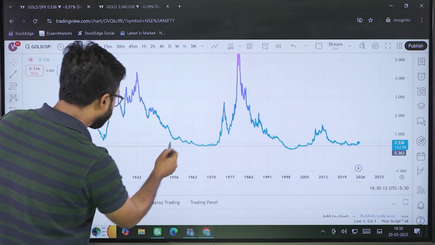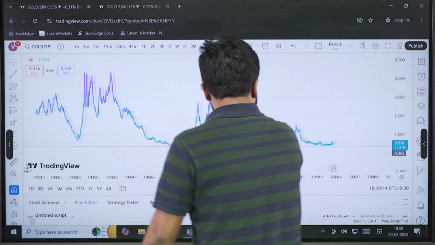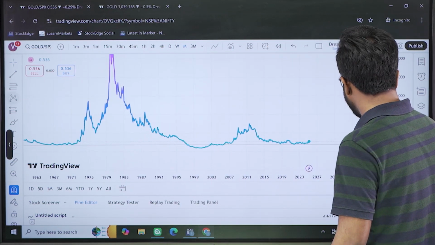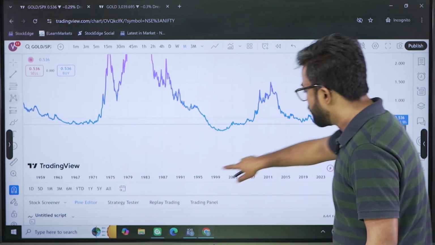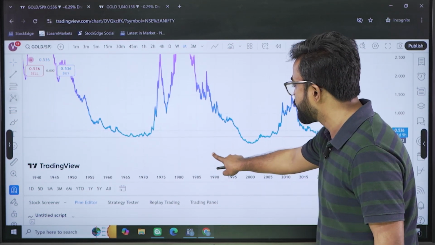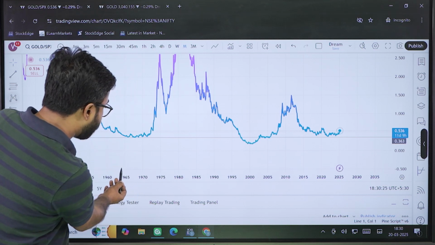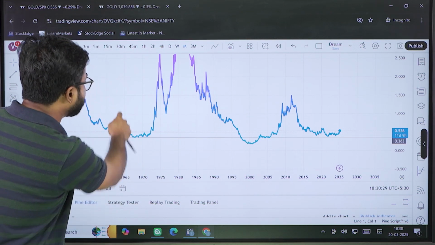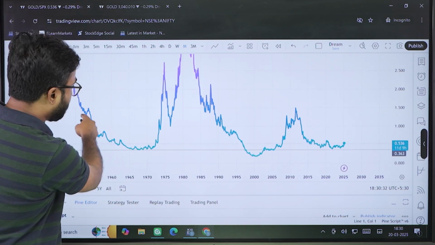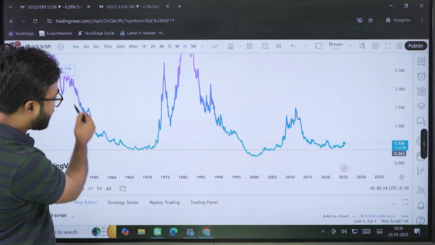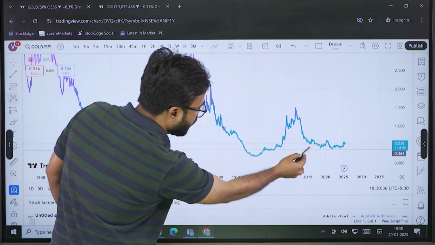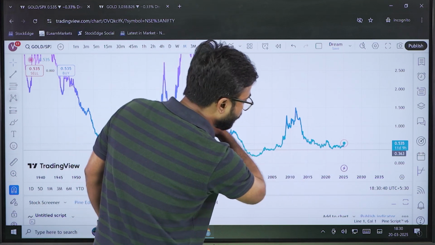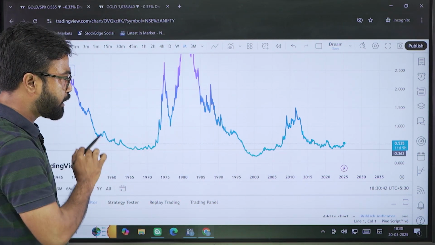If I just zoom in a bit, you see previous instances also around 1965, 1970, around this zone, it somewhat looks like this particular pattern. It came down, it also came down, and it was hovering around this zone, and it is also currently hovering around this zone.